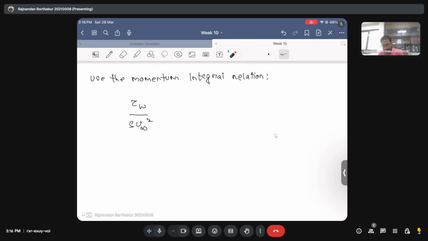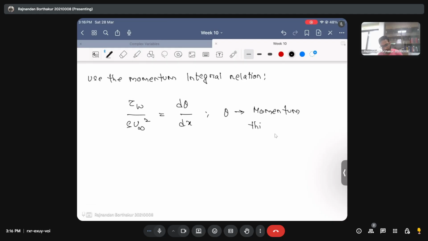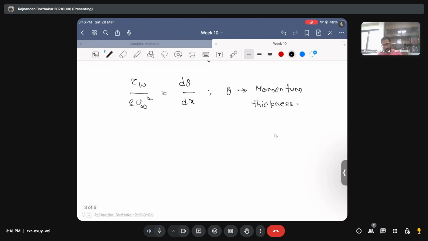Okay, so this ratio, as we know, is equal to d theta by dx, where theta is the momentum thickness that we want to evaluate.